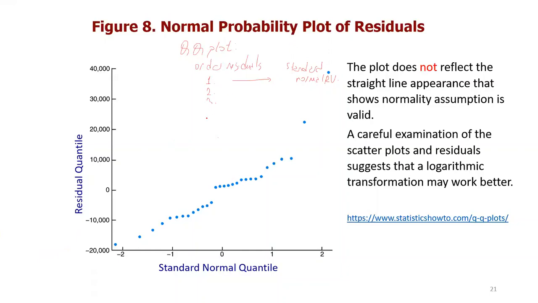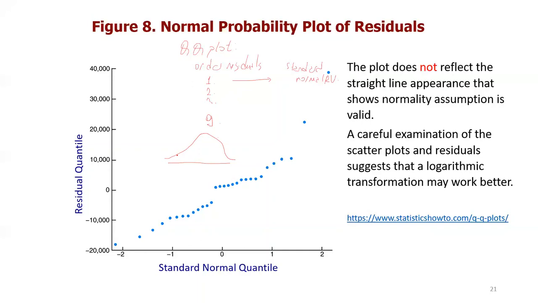So let's say I have 9 residuals. Just order the 9 residuals and assume that they are normally distributed.